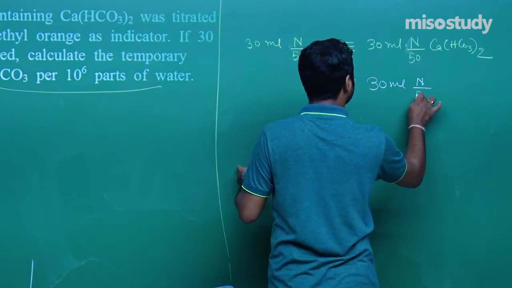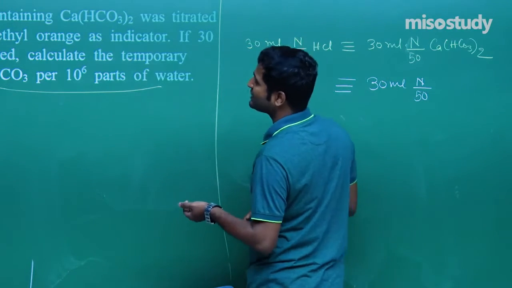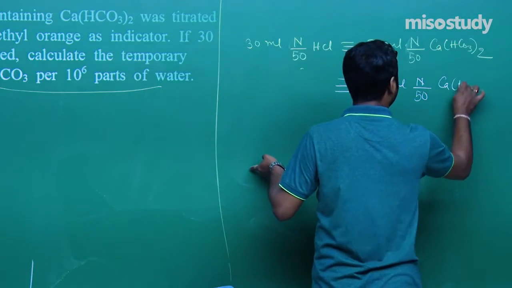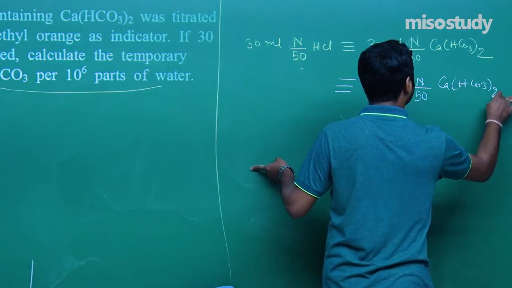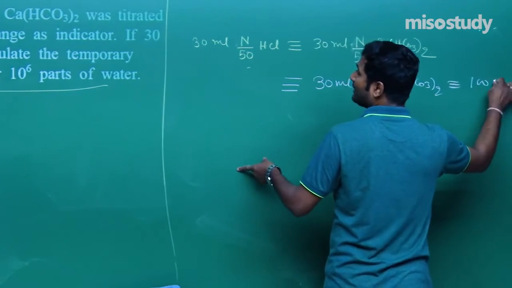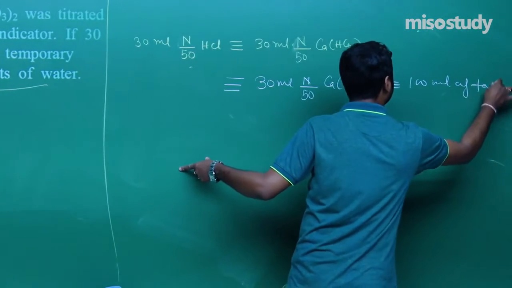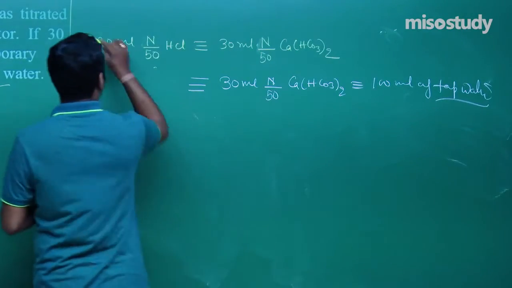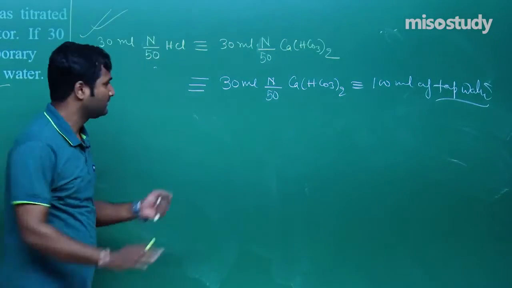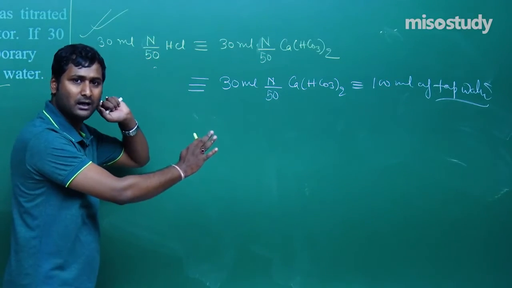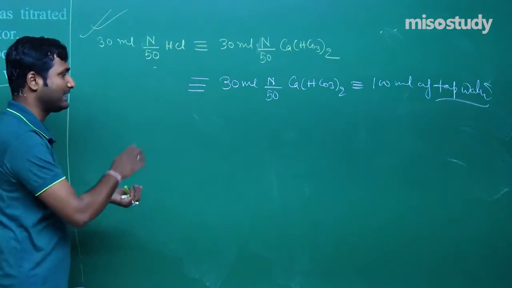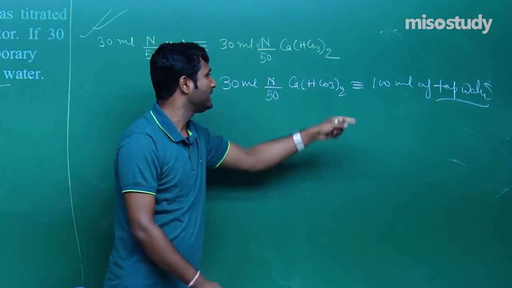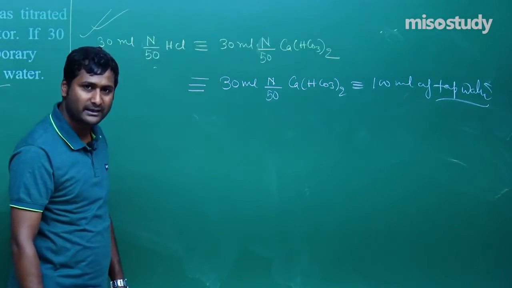According to the question, listen carefully, this is the complete titration, volumetric analysis, N by 50 Ca(HCO3)2 equal to 100 ml of tap water. Clear? This is the complete theory of volumetric analysis. You can write like this, as I discussed earlier: 30 ml N by 50 CaCO3 equivalent to 100 ml tap water.